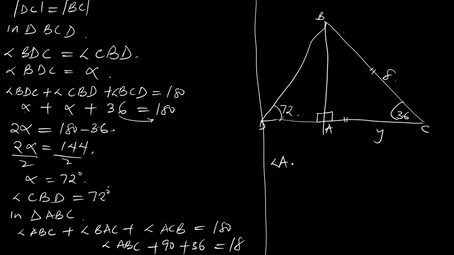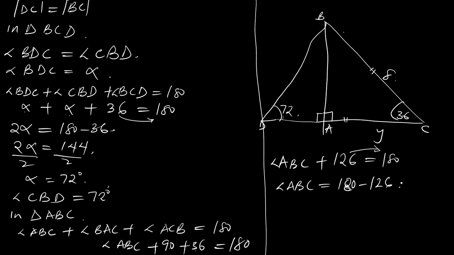So angle ABC plus 126 is equal to 180. If you move this to the other side, you have angle ABC equal to 180 minus 126, which will give us 54 degrees. So that means here is 54 degrees.